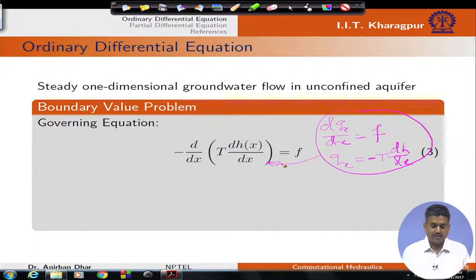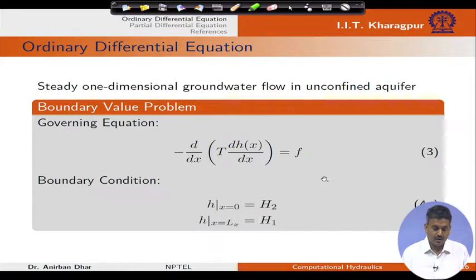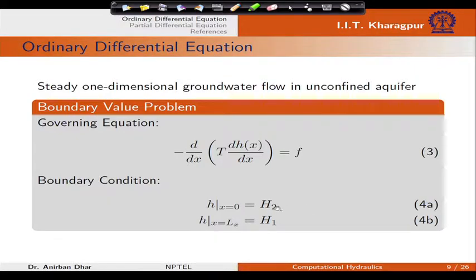Interestingly, in this case H is varying with x only. Now, if we consider the boundary condition, on the left side we have H2 as specified head boundary, and at x equal to Lx, on the right hand side H is H1, which is again a specified boundary.